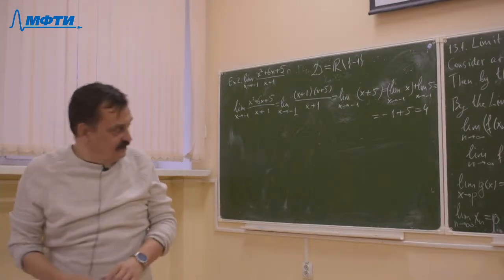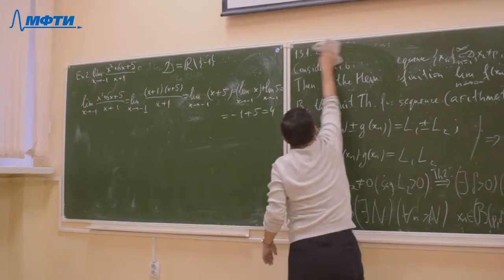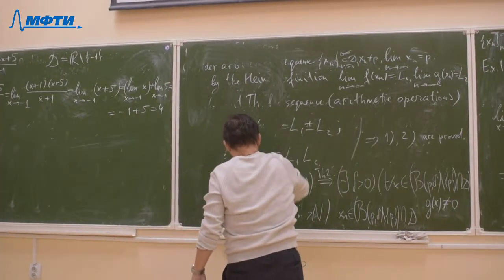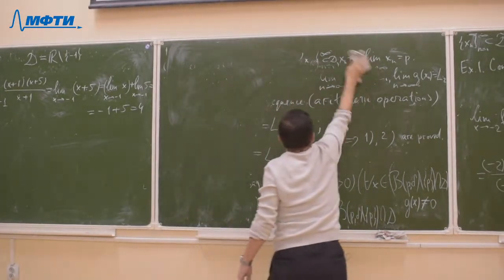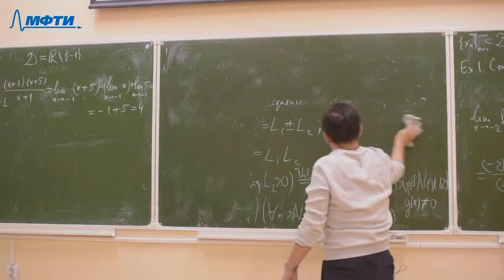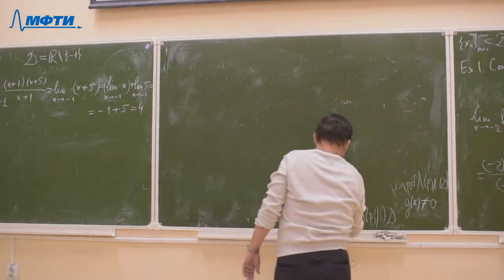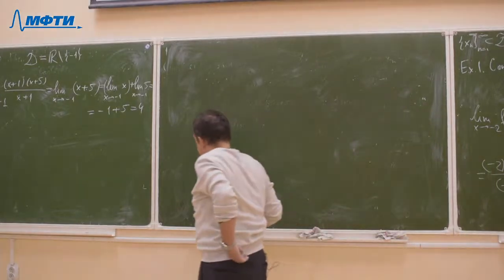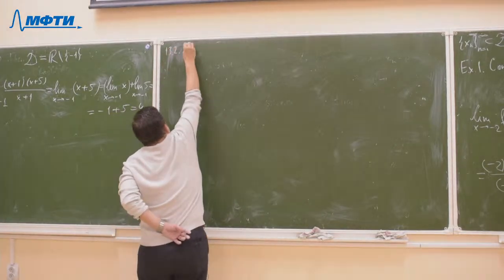Okay, so next section. Next section, 13.2, Cauchy's criterion.